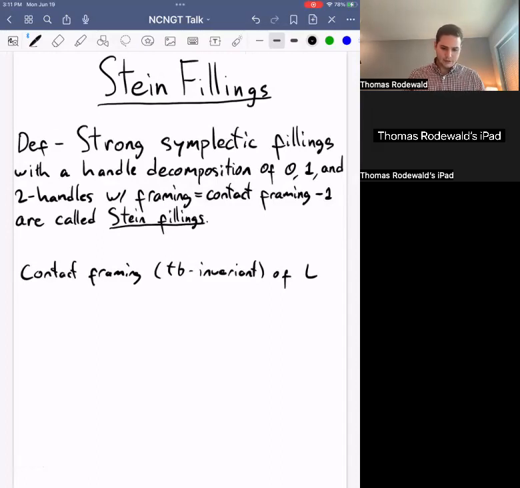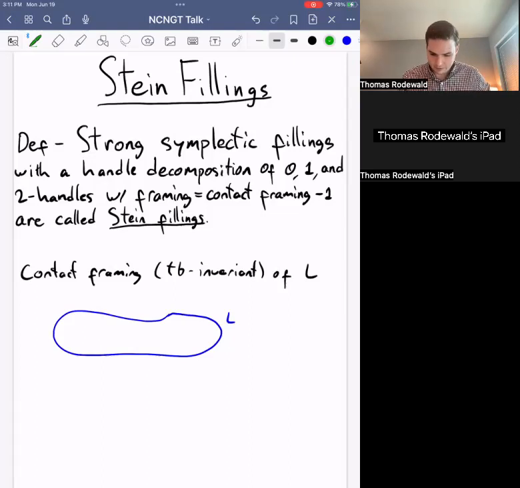And so the way that we define a contact framing, which is also called the TB invariant, the Thurston-Bennequin invariant, is this. Given a knot L, L is Legendrian, so that means that it's tangent to the contact planes.